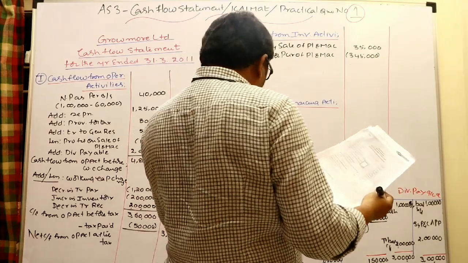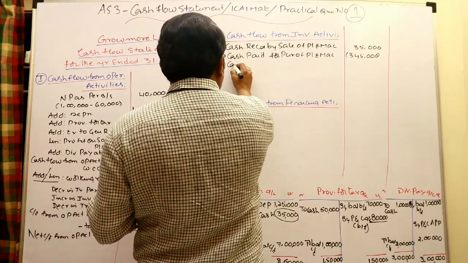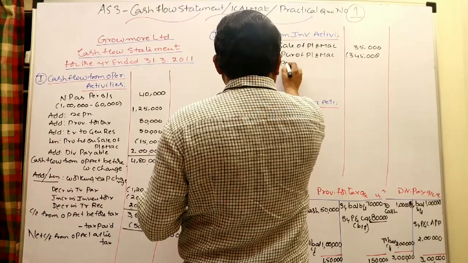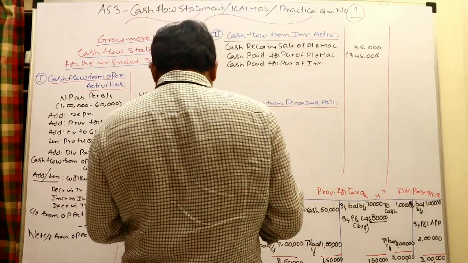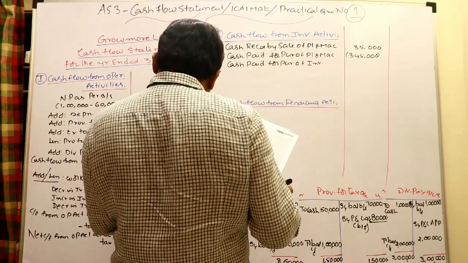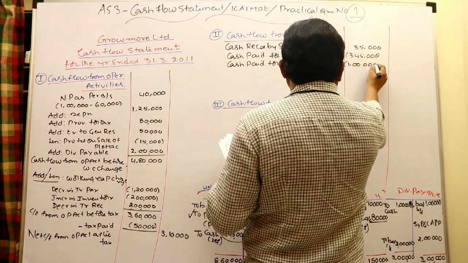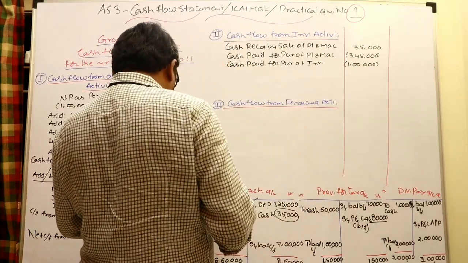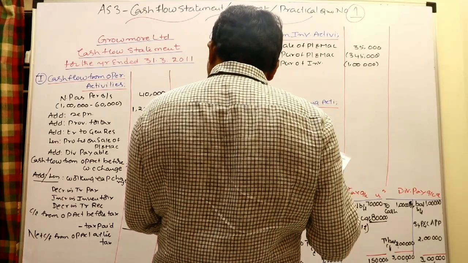Look at the investments: cash paid for purchase of investments, the change in investments, 1 lakh. Also the building has increased by 2 lakhs.